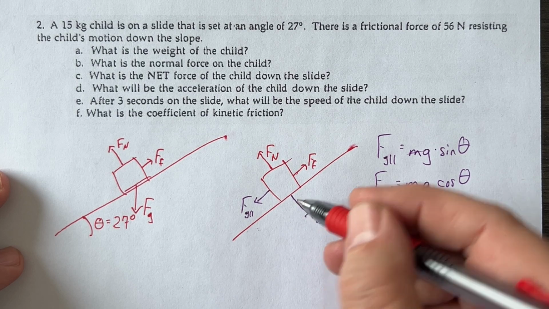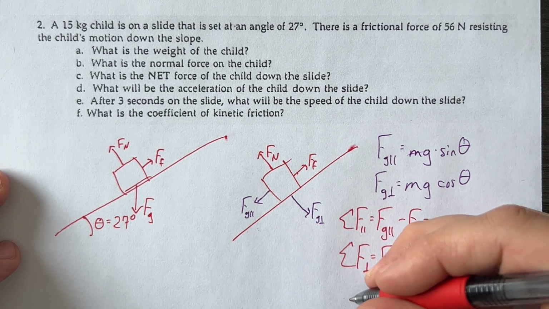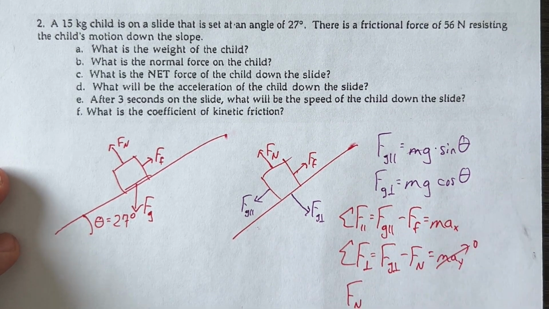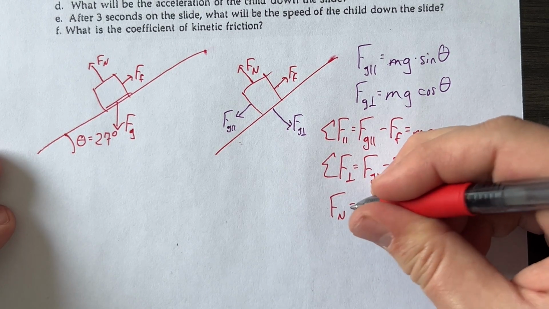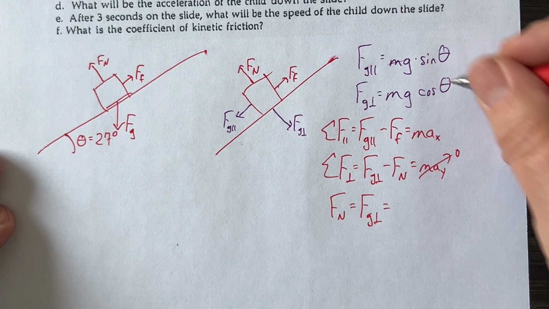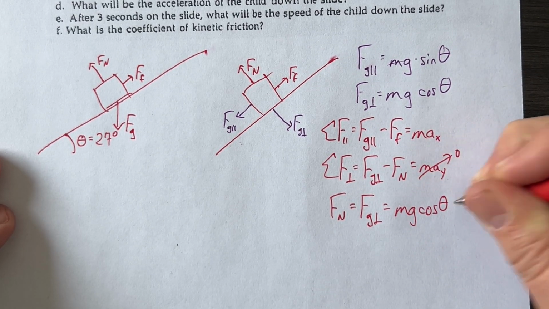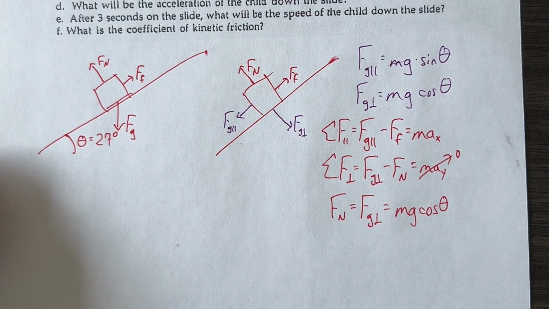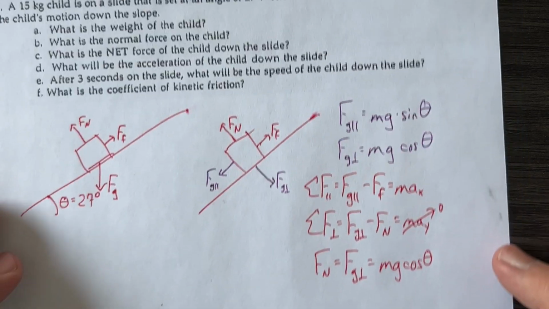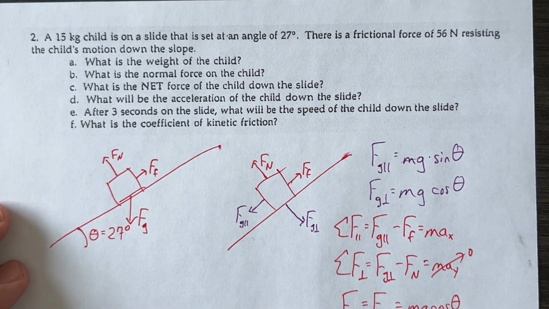Acceleration in this context will either be down the ramp or up the ramp. And so we're getting it all into the x, and in the y, we get a pretty simple setup showing us that normal force is going to equal FG perpendicular, which we have already determined a formula for, mg cosine theta.